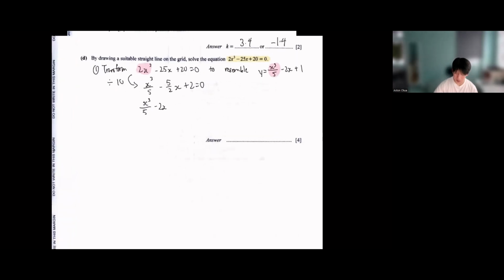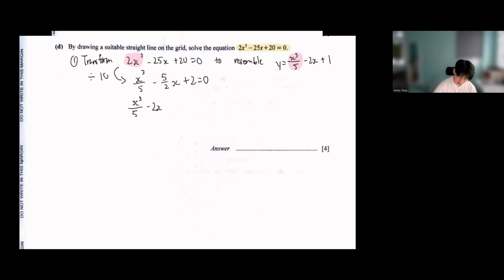Since over here we minus 2x, we have to add 2x back into this. So that will give us, what I mean is minus 5 over 2x plus 2x.